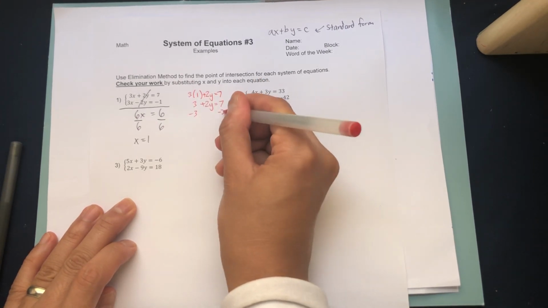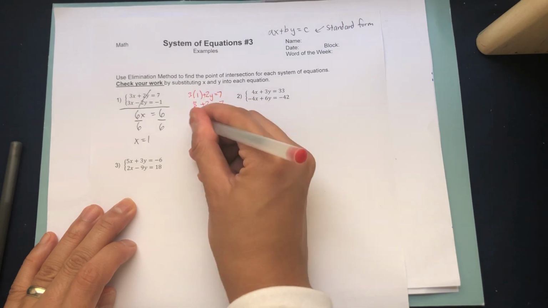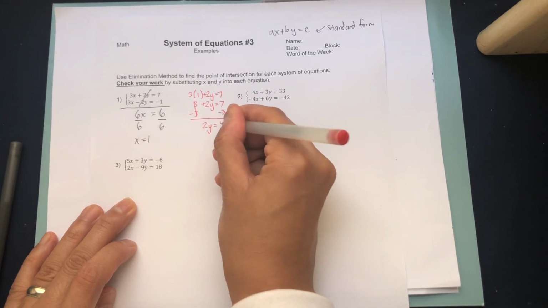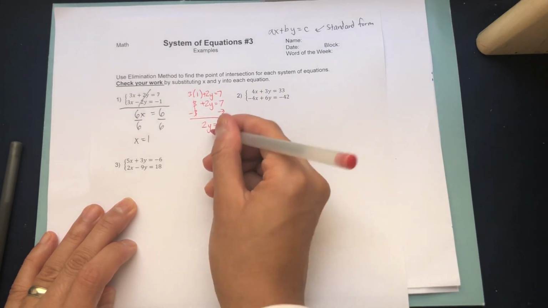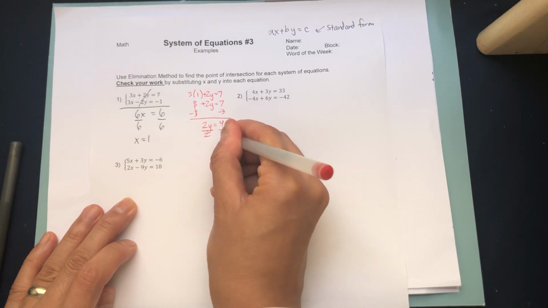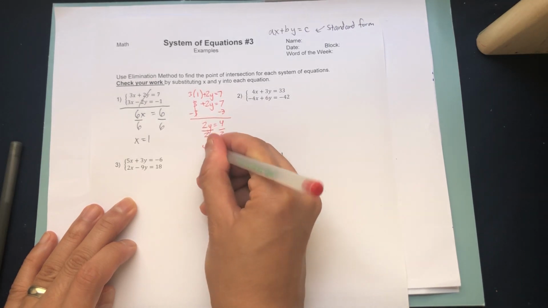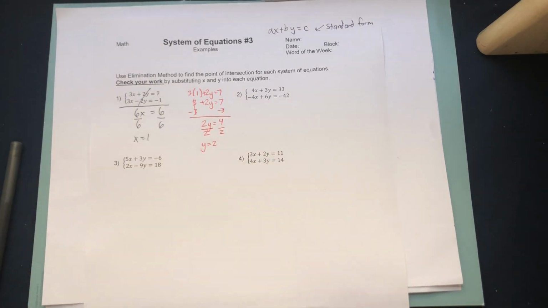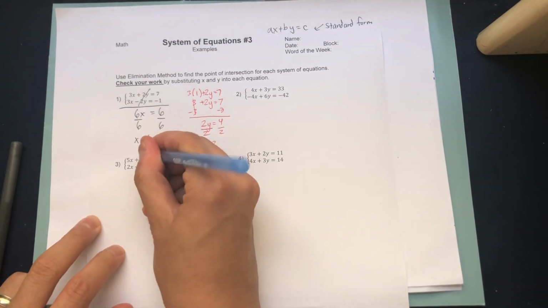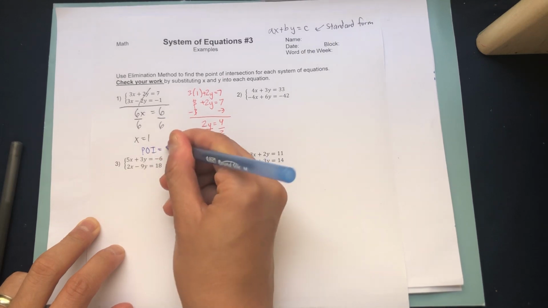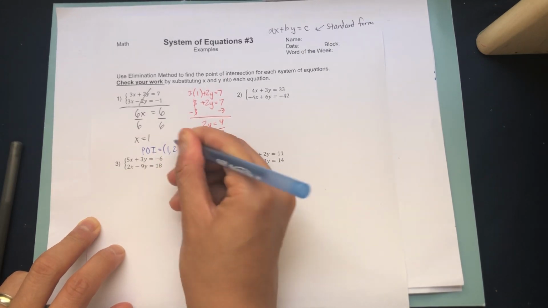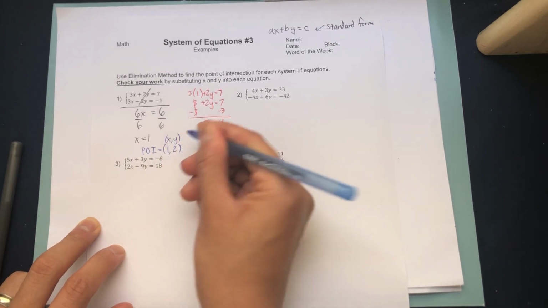Subtract 3 on both sides to isolate for the variable. And we get 2y equals 4. Then we divide by 2 on both sides, and we get y is equal to 2. So our point of intersection is going to be 1, 2, because that represents our x and y coordinates.